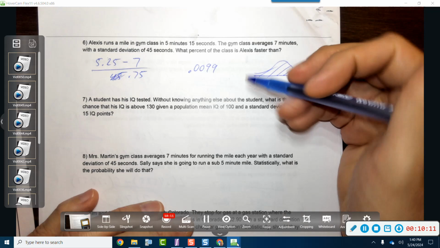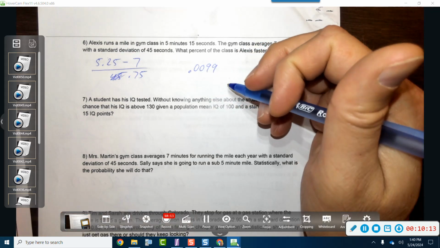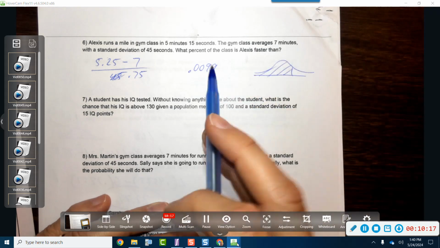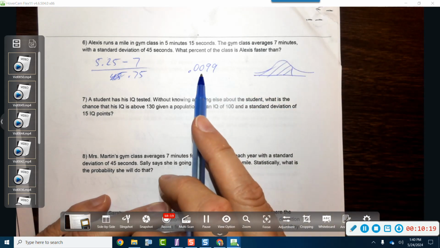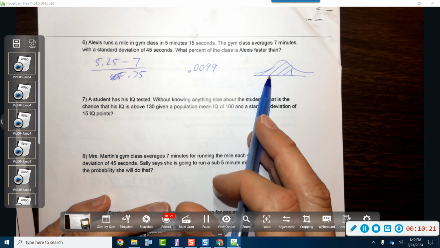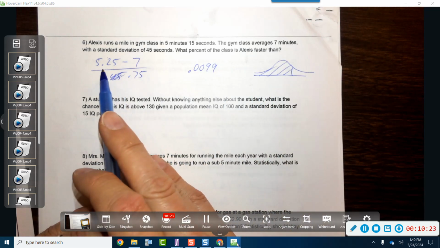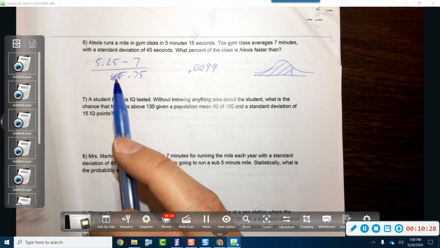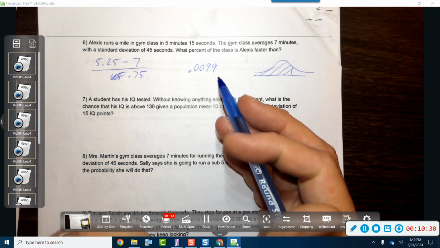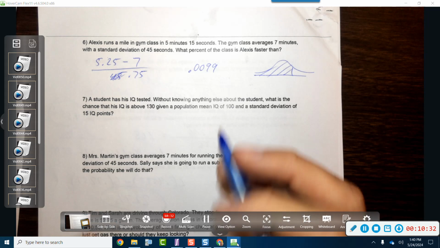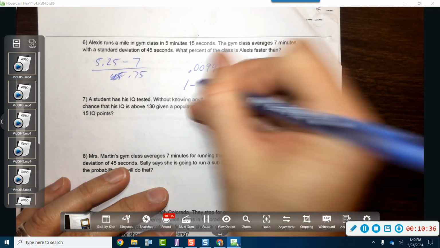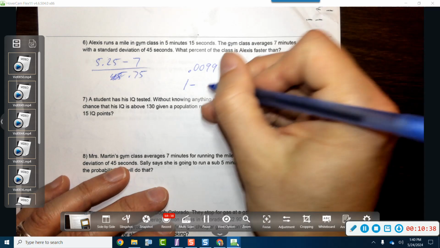It means that if we were to round this up, we've got 1% of people that will actually score lower than her. Now, lower in this case is faster. Lower is faster. My mic was super far away. So this means that we want the other direction, right?